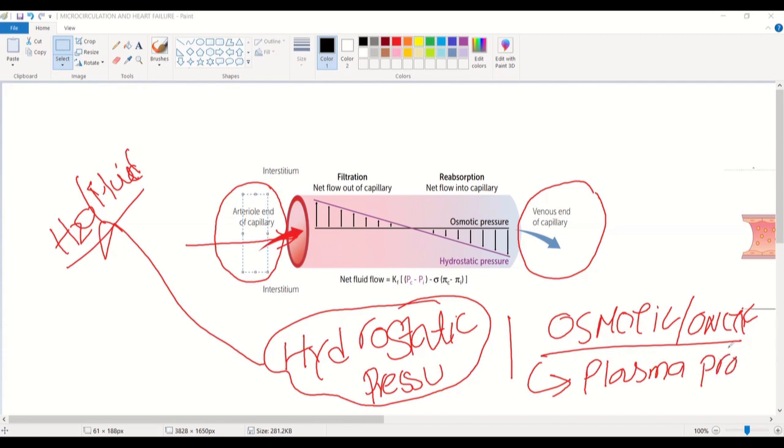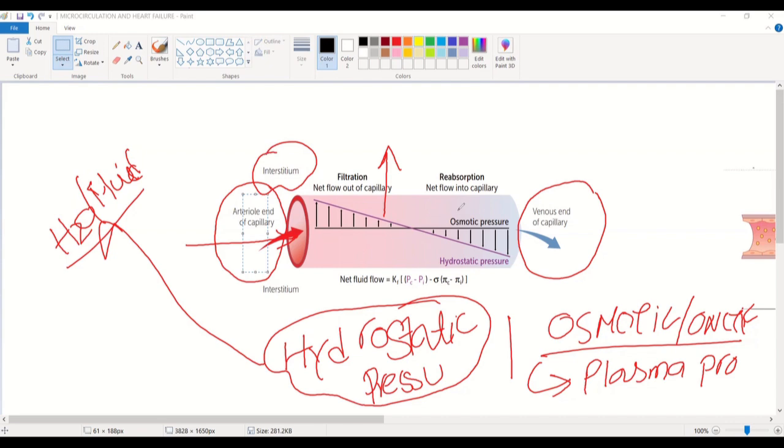Albumin is the most abundant plasma protein, right? So this hydrostatic pressure pulls fluid out from the capillary into the interstitial space, right?